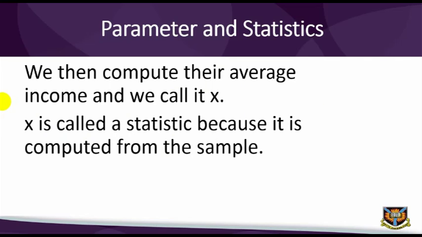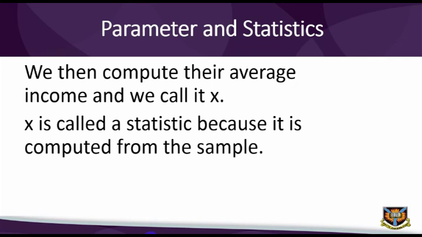We then compute their average income and we call it mean. Mean is called a statistic because it is computed from the sample. However, we can use the computed mean to estimate what the real average population income mean is. Mean is a parameter because it is a measure of the population characteristic.